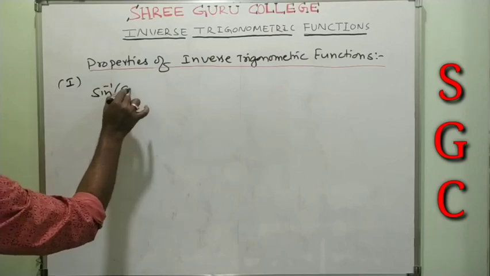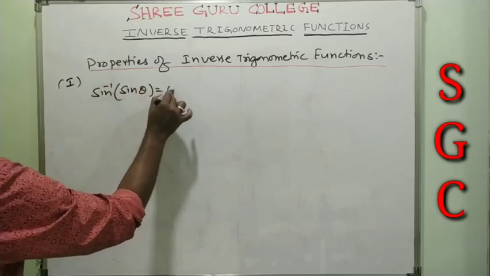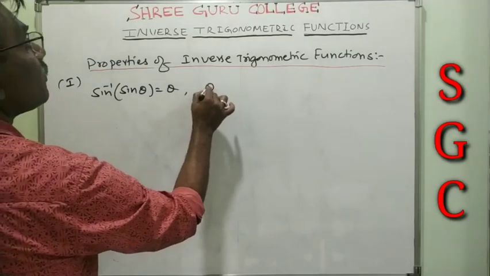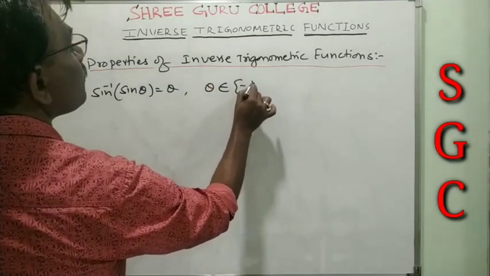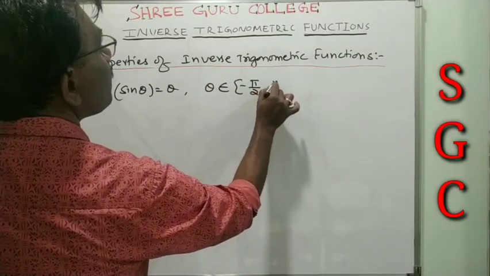Sine inverse of sine theta is theta, where theta belongs to minus pi by 2 to plus pi by 2.